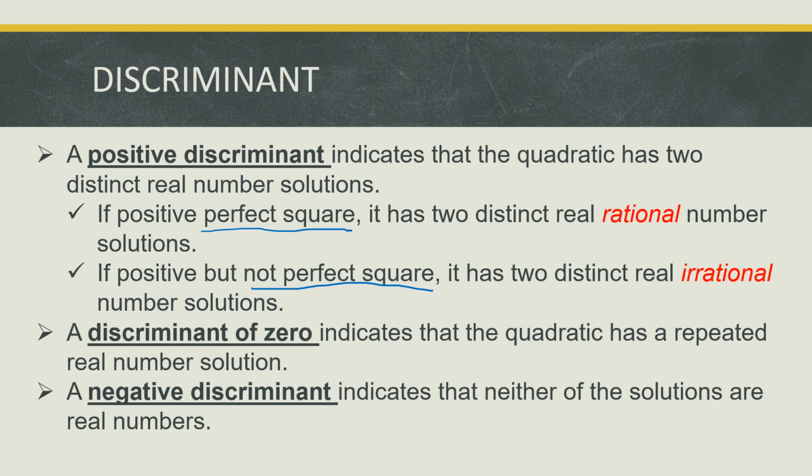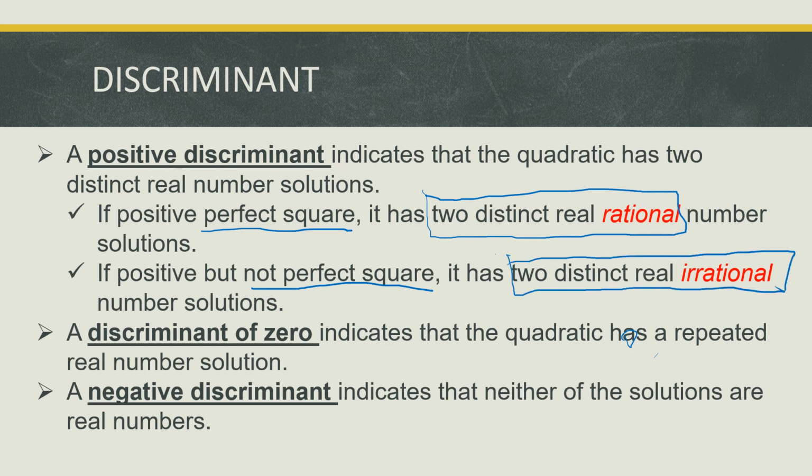If our discriminant is a perfect square, we have two distinct real rational number solutions. But if the positive discriminant is not a perfect square, we have two distinct real irrational number solutions. So that's the difference between the two. Take note that we need to observe if the given positive discriminant is a perfect square or not, to know if it is rational or irrational.